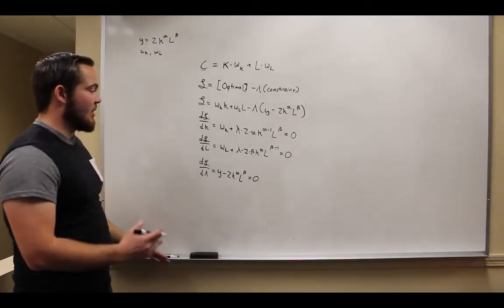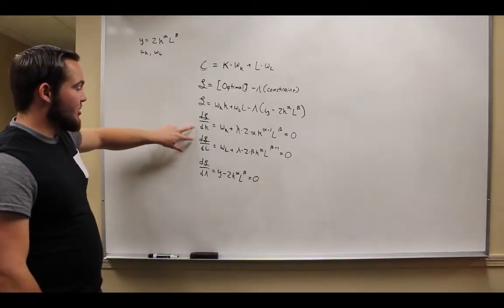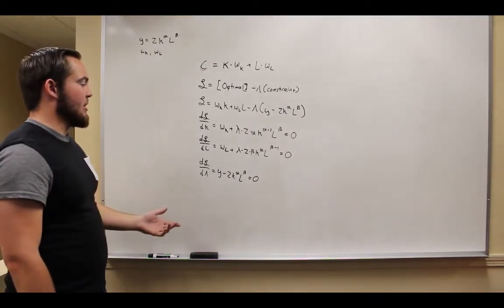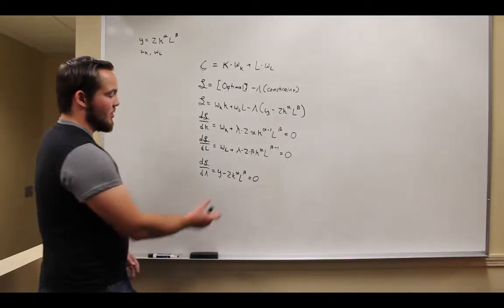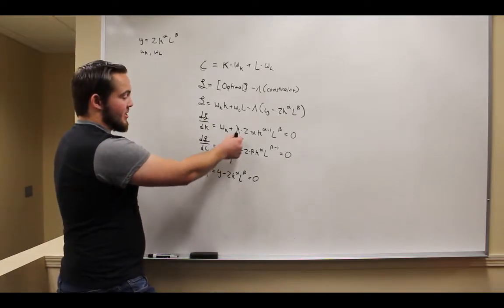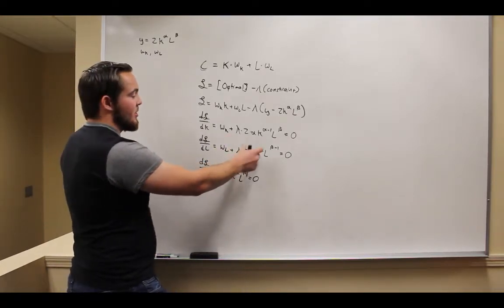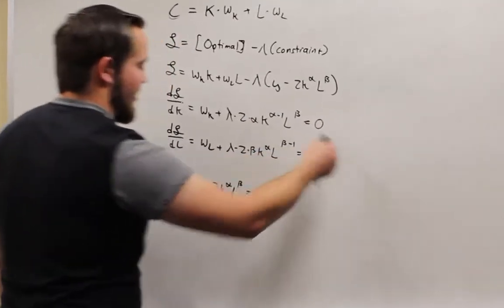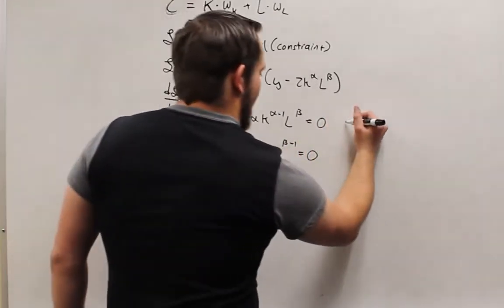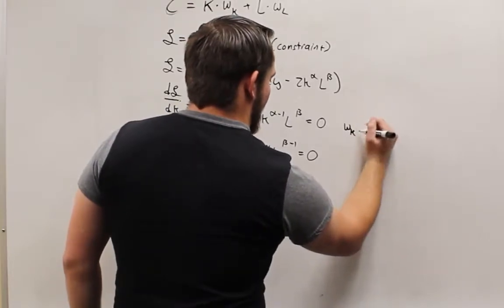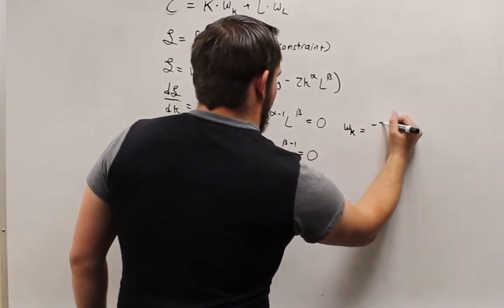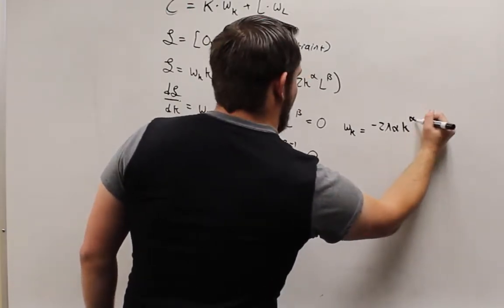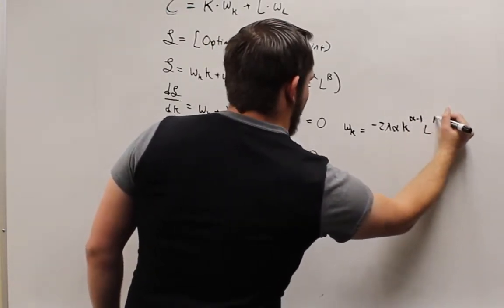Okay, now that we have these, we're going to go ahead and use these two equations to try to set our marginal functions equal. So with both of these, because I have an addition sign in each of them, I want to bring one of these terms from each of the equations over to the other side, like so. I'm going to get WK equals negative 2 lambda alpha K to the alpha minus 1 L to the beta.